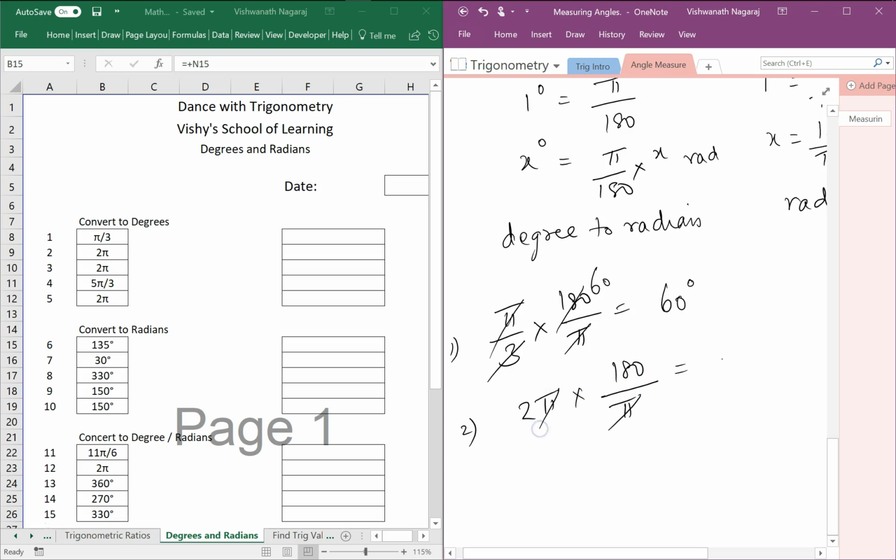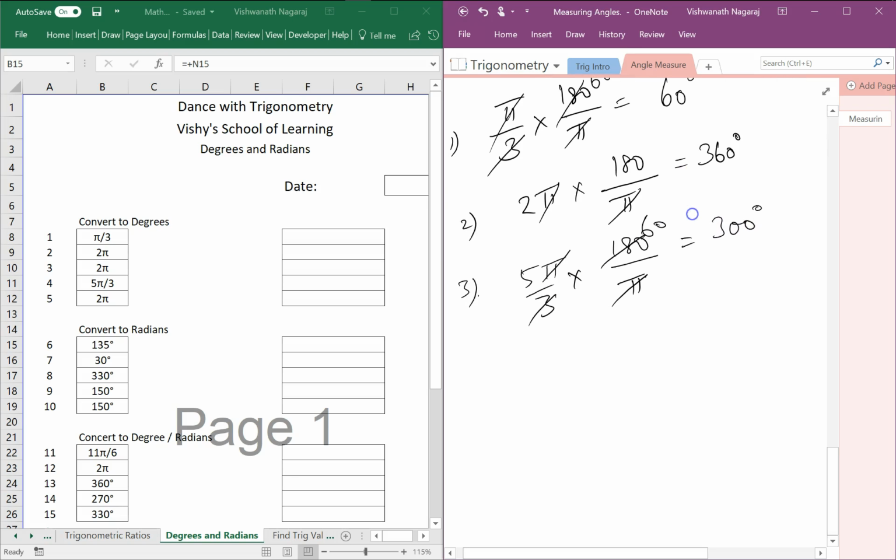So 180 into 2 is 360. Next, 5 pi by 3 into 180, pi disappears, 5 into 60 is 300 degrees. Got it?